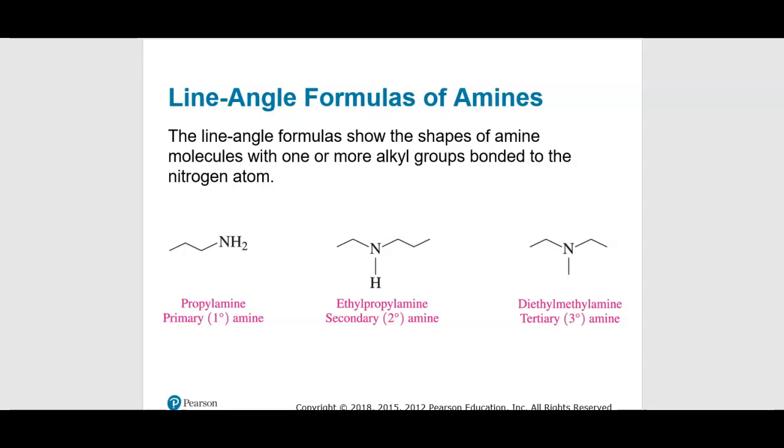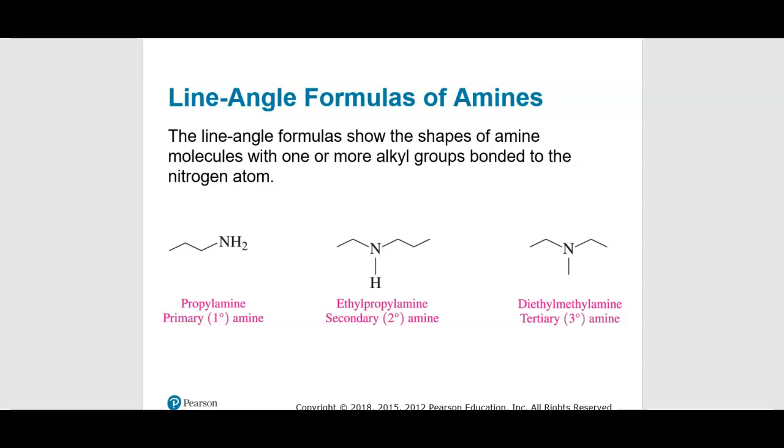You do the same thing with secondary amines. Here you have ethylpropylamine. It's secondary. And of course, you fill in the nitrogen with whatever's left over. You don't assume hydrogen atoms on the nitrogen.